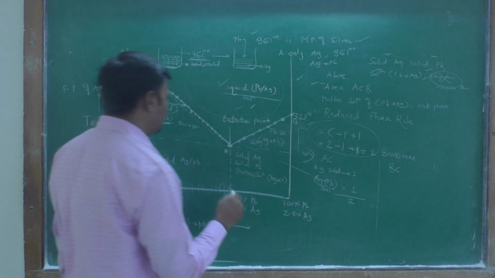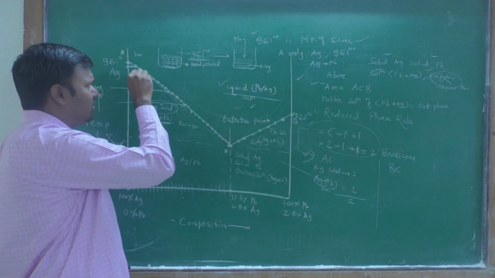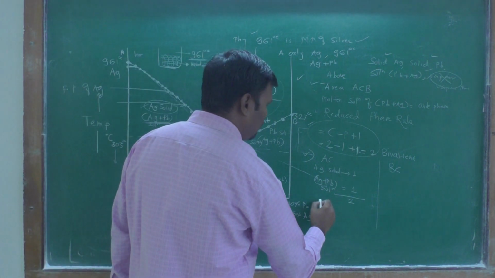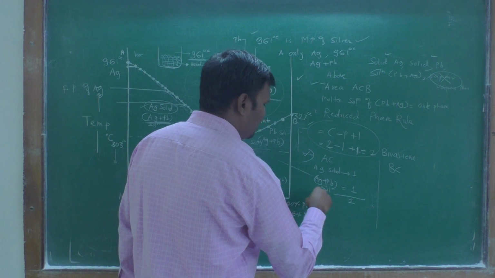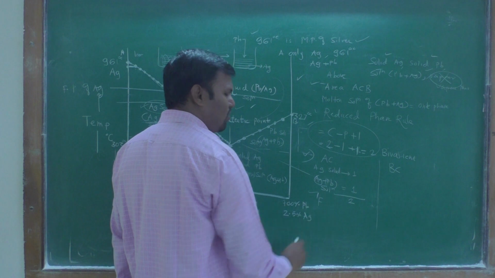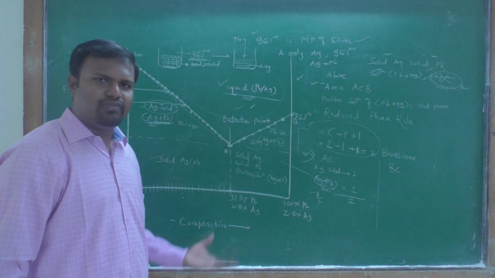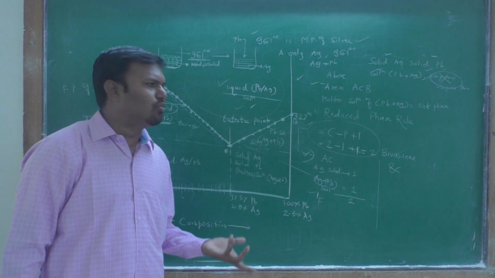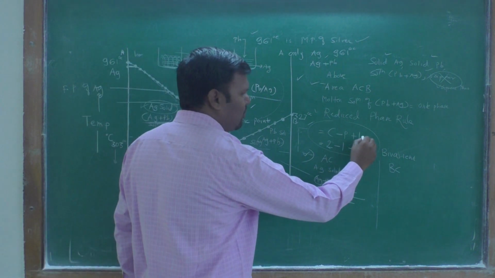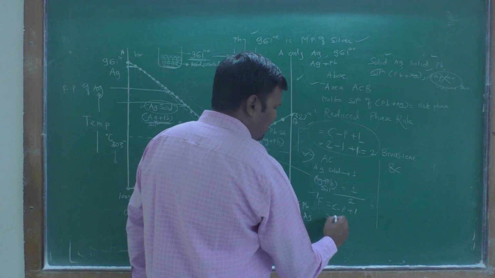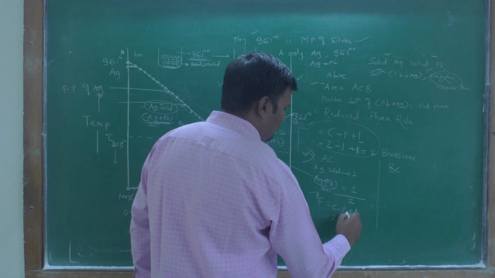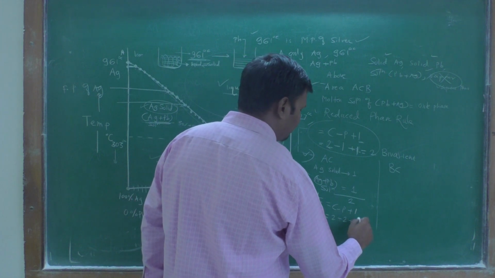Therefore the degree of freedom for the region below AC is given by F dash. Okay, this is not the normal degree of freedom rule, this is the reduced degree of freedom rule. Okay, instead of 2 we have used only 1. Therefore F = C - P + 1, components 2, phases 2, therefore 1.